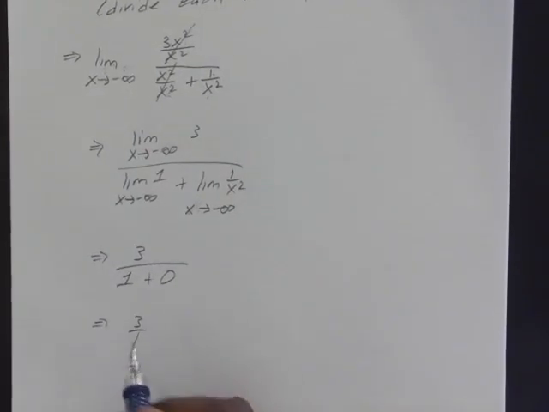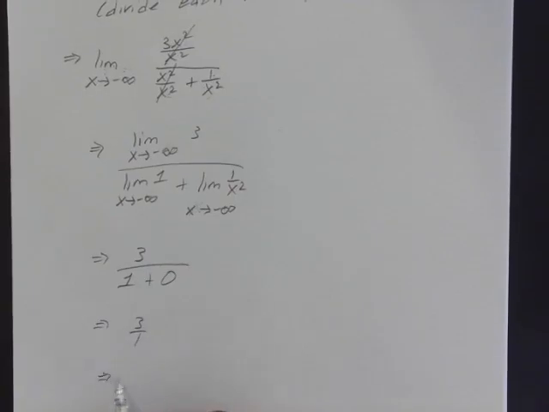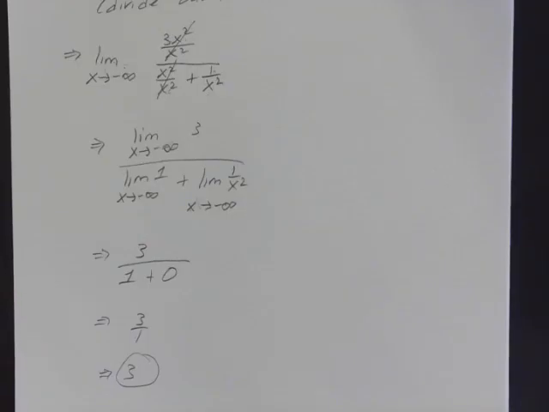So that's just 3 over 1, which is just 3. So it'd be a lot easier to do it this way than drawing out the table and plugging in values and taking 10 minutes on that one. All right, any questions on that one?